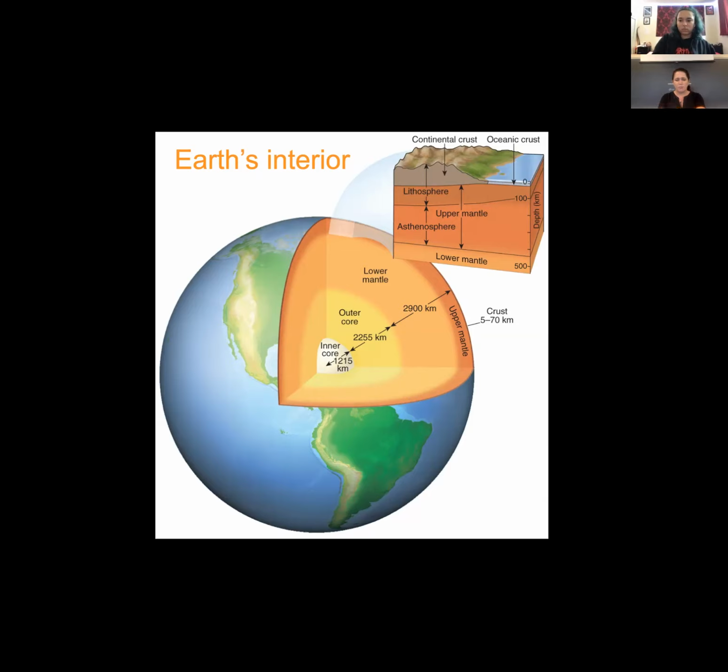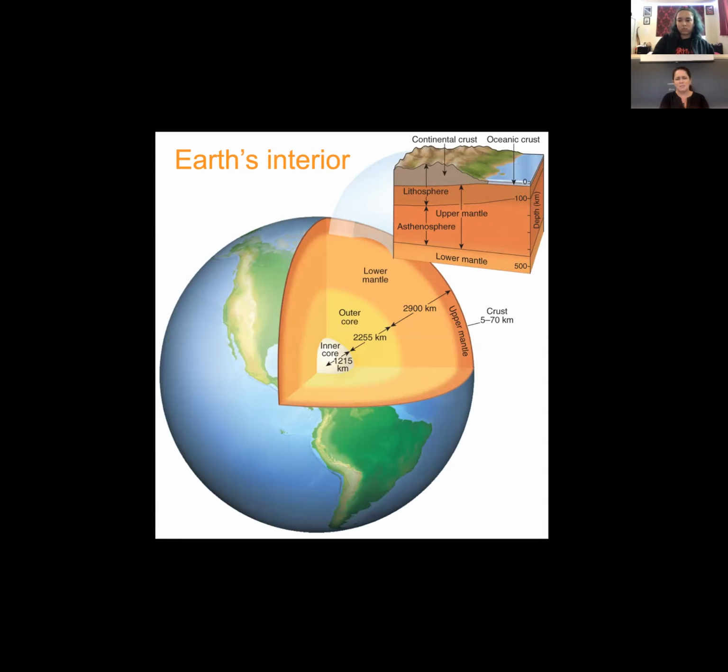This doesn't want to move really, but the heat from the underlying earth is causing that small bit of melting in the asthenosphere that allows it to deform and to act like the jelly on a peanut butter and jelly sandwich. If you were to cut the top layer of bread in half and move it around on the jelly, that's the kind of idea.